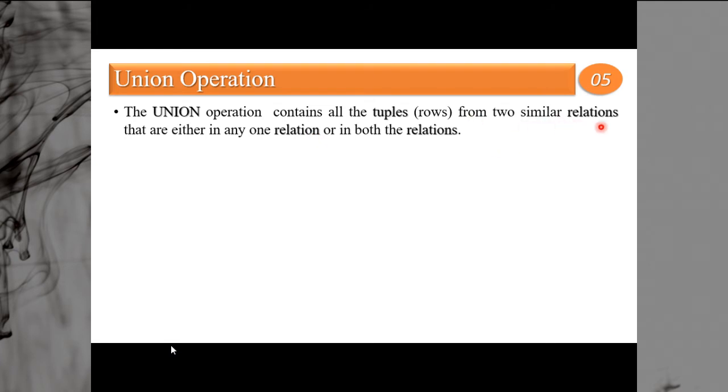Then only it will be called similar relations. So the tuple you are getting in the final relation will be either from any one relation, either in relation A or in relation B, or available in both relations. If it is available in both relations, it will be used only once. Its duplicate record will be removed, discarded. So this is your union. Union is represented by a U, a union sign, like R union S, where R is a relation and S is a relation.